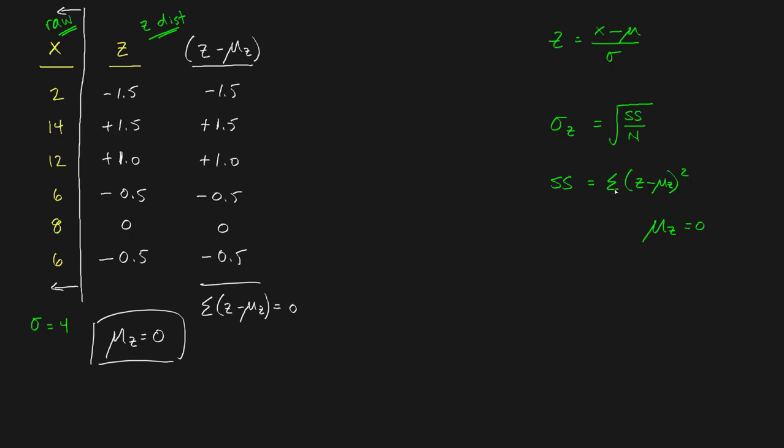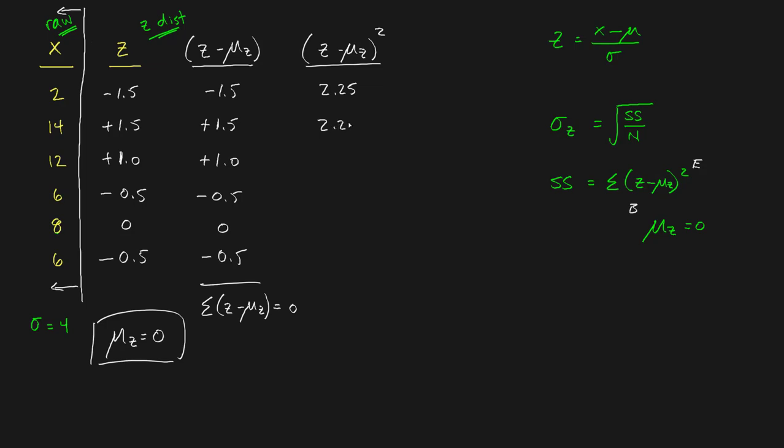But we're looking for the sum of the squared deviations. We did the brackets. Next thing we have to do is exponents. So we're going to take each one of our deviations and square them. Negative 1.5 squared is positive 2.25.